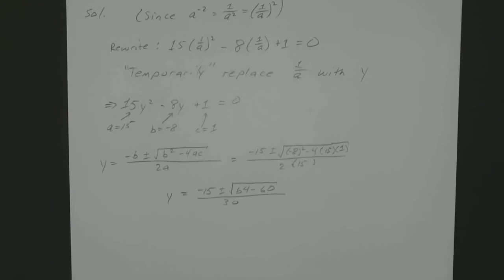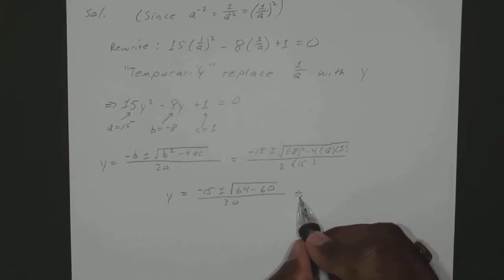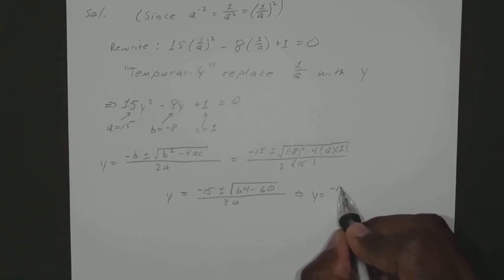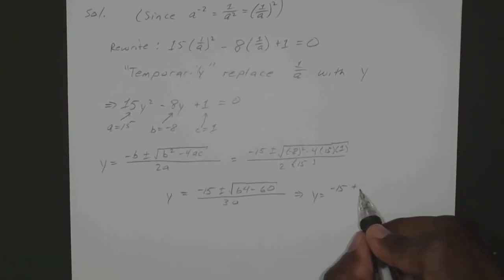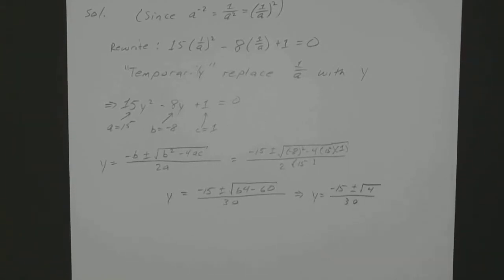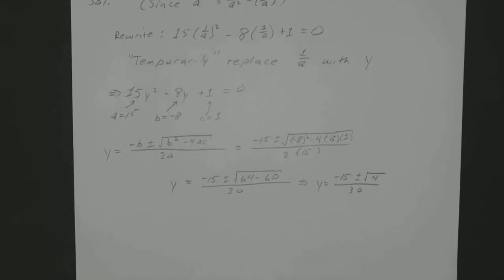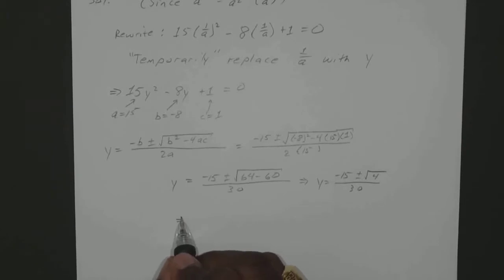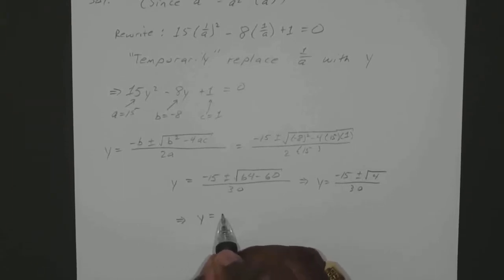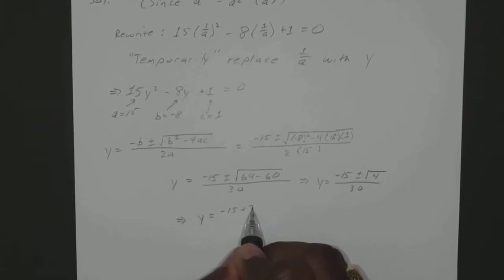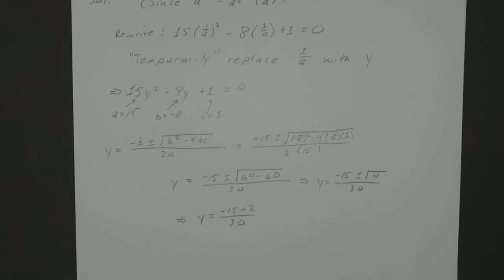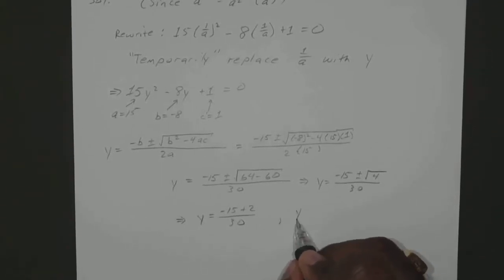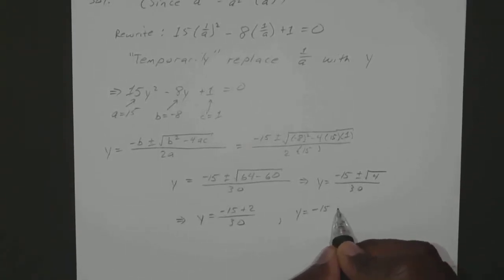So we end up with y equals -15 plus or minus the square root of 4 over 30. If we separate it, y is equal to -15 plus 2 over 30, or y equals -15 minus 2 over 30.